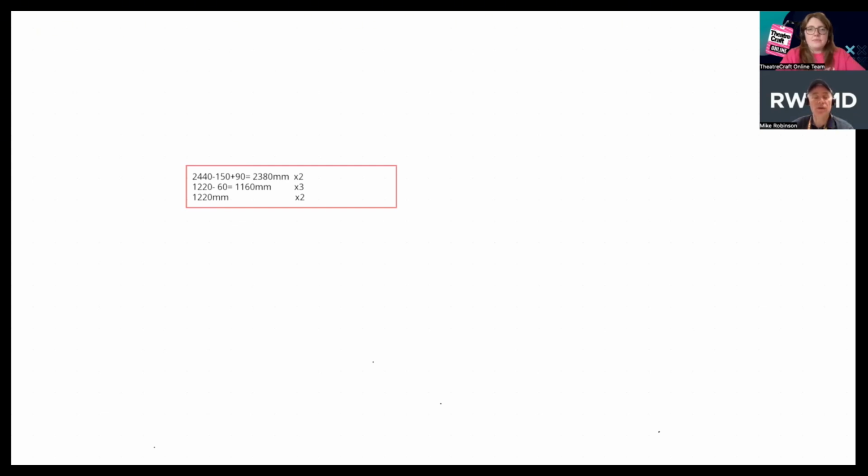The key bit of this is you always cut the longest pieces of your cutting list first. I don't think it would matter with those two, they're pretty much the same, but it might save you a little bit of timber. Cut your 2,380 first, measure it. Have you got it wrong? Is it too long? Cut it again.